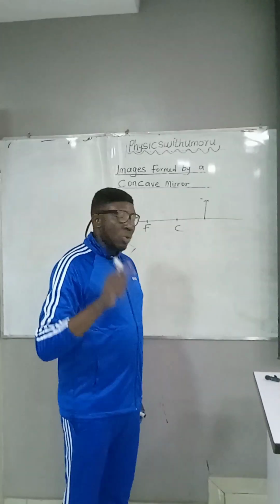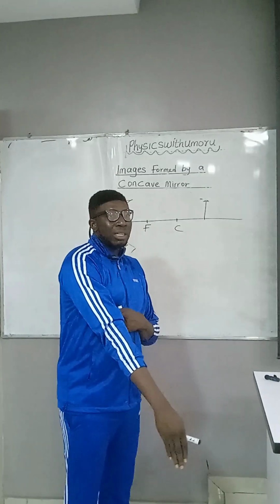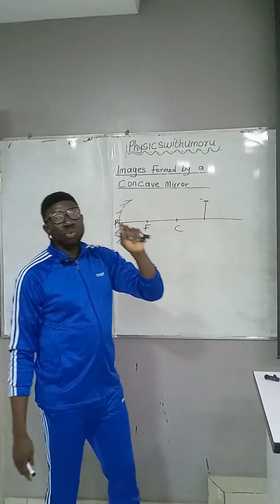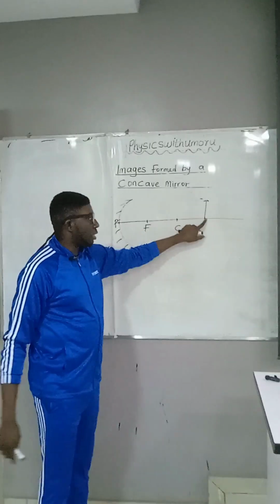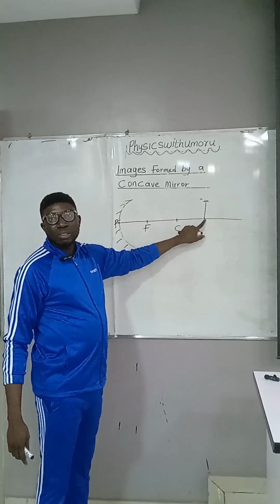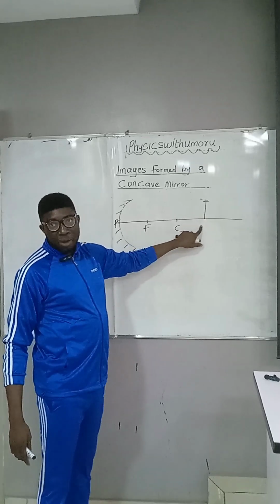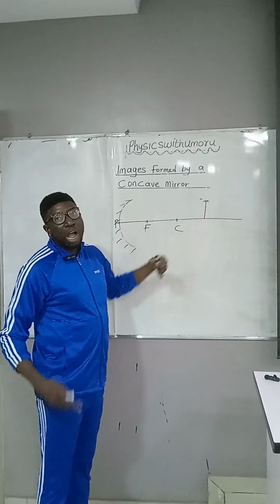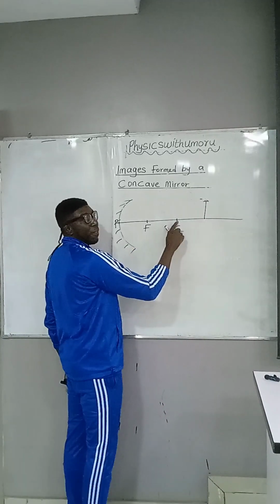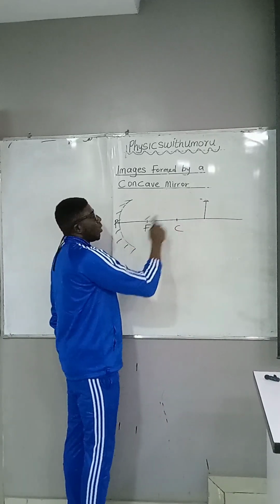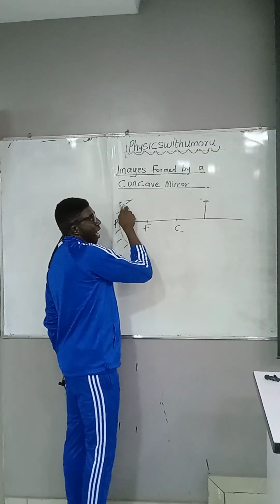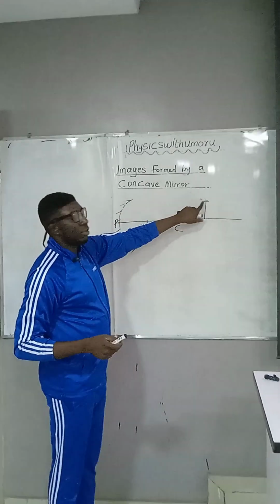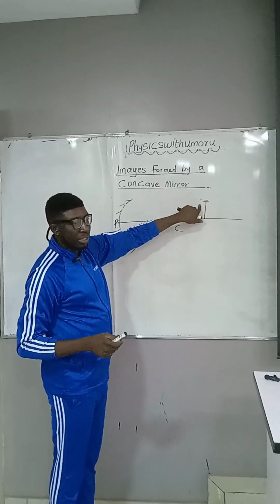Now, the next one is the diagonal ray. The diagonal ray is going to pass through the nearest point to this. For now, it's going to pass through the nearest point to this. What are the points? We have a point here. We have a point here. So one ray will be parallel, and the next one will be diagonal. I'm talking about the incident rays coming from this illuminated object.